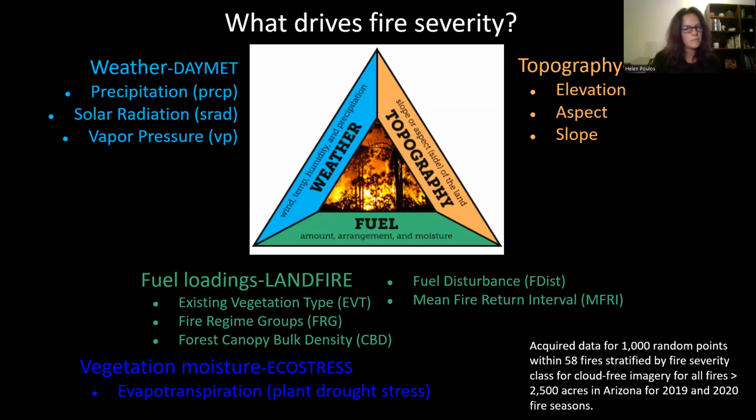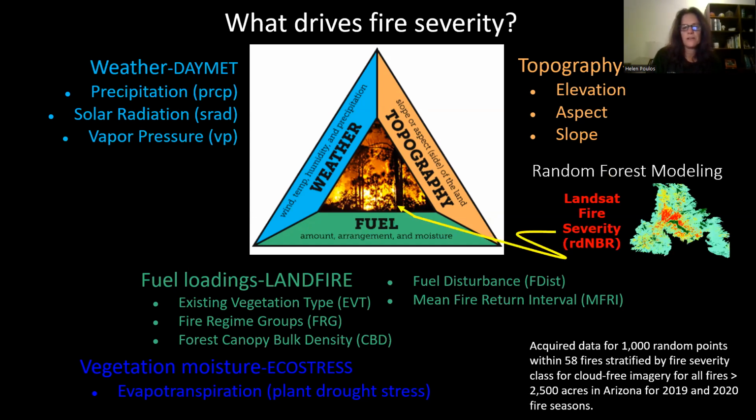The amount of vegetation that was killed by the fire is really based on the weather conditions, the topography, and then the amount, arrangement, and moisture of fuels. And so these different remotely sensed variables for the different fire locations can tell us a lot about what drives fire severity, right? And so fire severity was measured using Landsat.